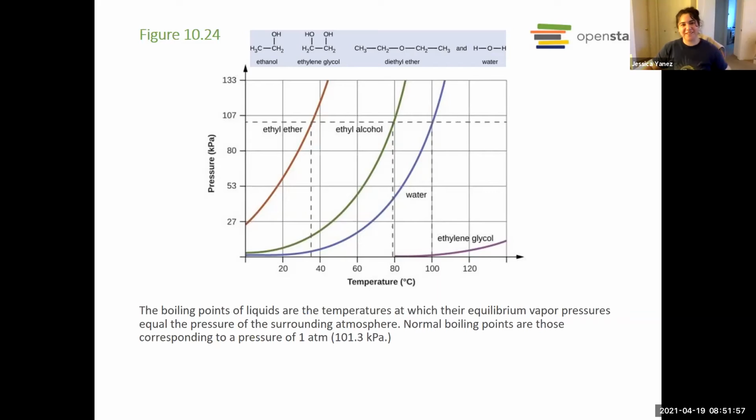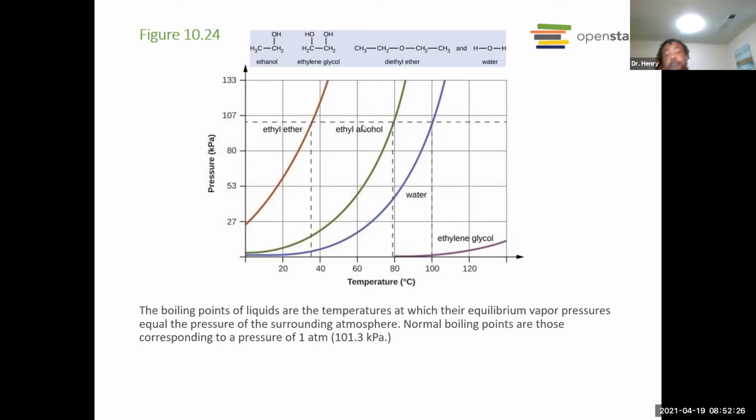Yes. So the more intermolecular forces you have, and the stronger they are, the more your boiling point is going to go up. Make sense? We know that diethyl ether had the weakest intermolecular forces, just dispersion forces.